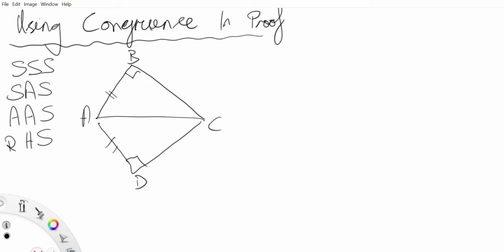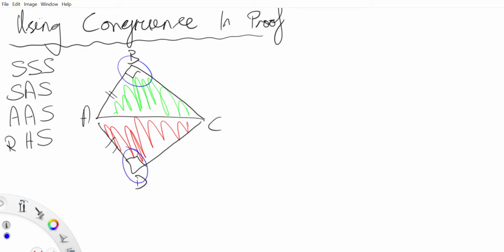So we've got triangle ABC, this top triangle, I'll colour it in green, and the bottom triangle ACD, I'll colour it in red. Now, we know that both of these have right angles.